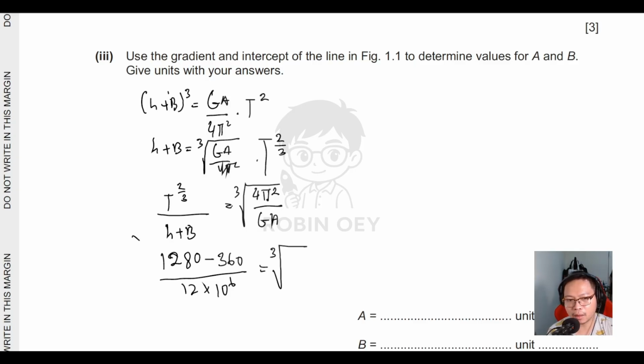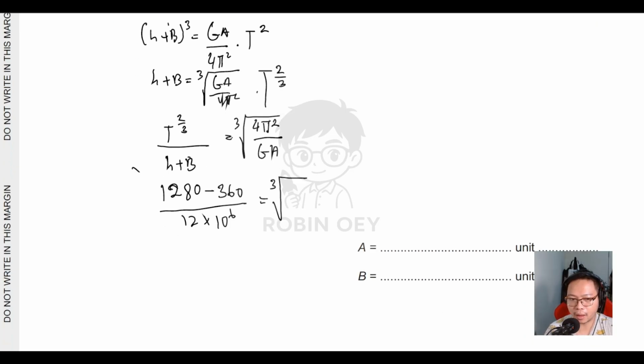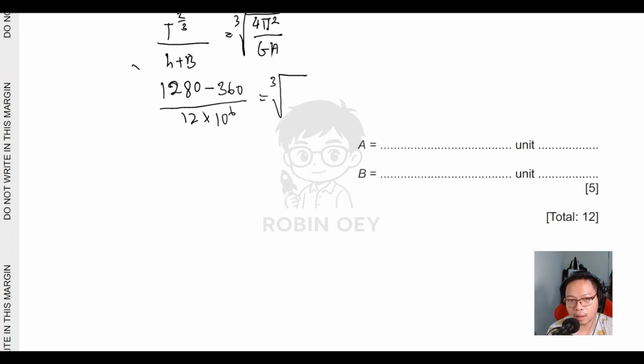Maybe you will be asking why here we have h plus b, why we only use the h, where is the b? Let me show you. When we are talking about the 12 times 10 to the power of 6, we have b plus 0, which is the b, as the first part, and the second part would be b plus 12 times 10 to the power of 6.